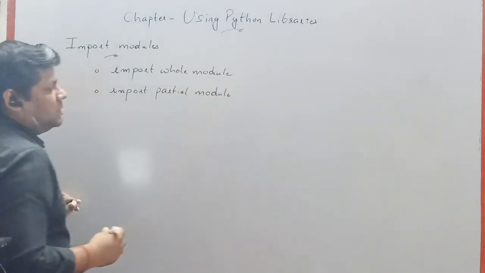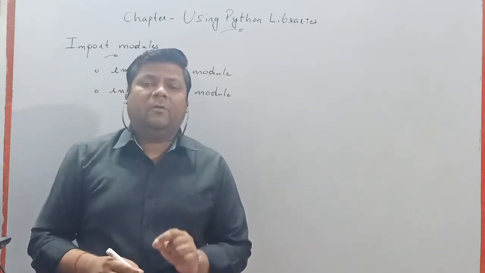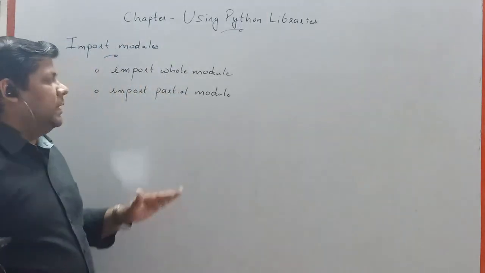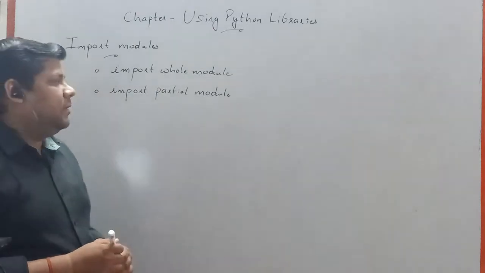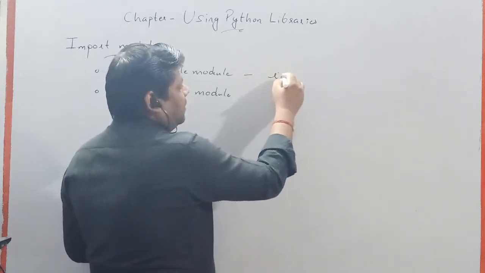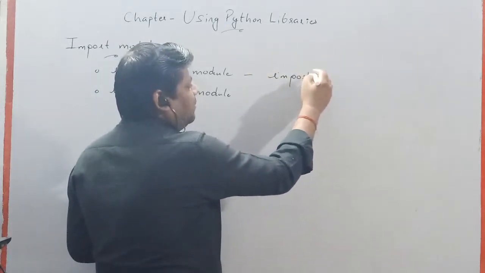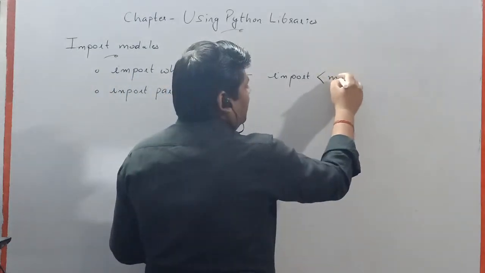Partial module means you can import only a few features of your module. So there are 2 commands to import a module. If you want to import the whole module, look at the command here: you use the import keyword in the beginning of your document, import, and then the module.